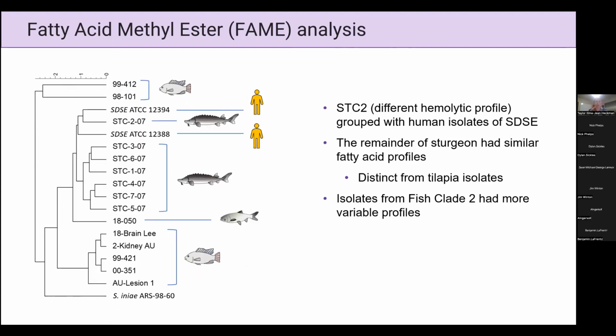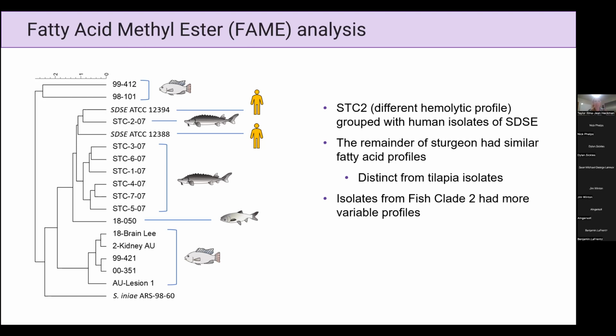We also took a look at the fatty acid profiles. So this was Julio and the folks out at USDA. And so again, some interesting things. That STC2 isolate that showed the more typical hemolytic pattern for Equisimilis grouped with the human isolates, so our typical isolates of Streptococcus dysgalactiae equisimilis.